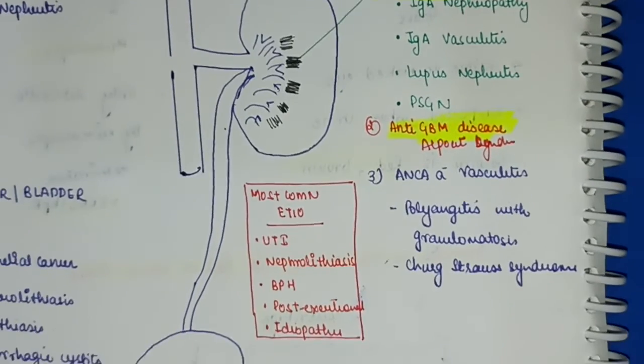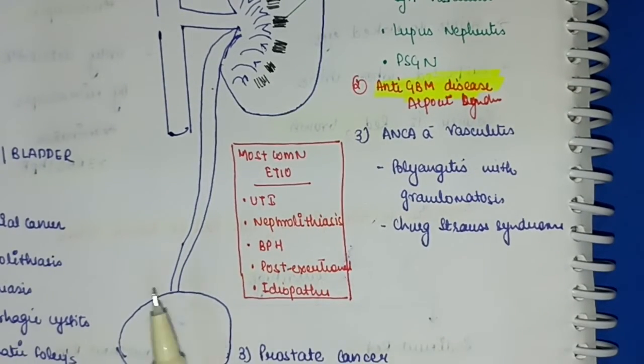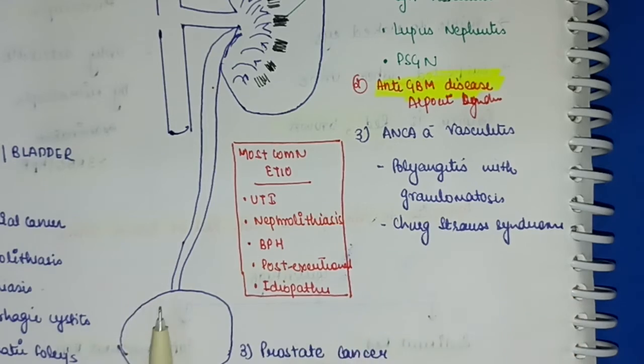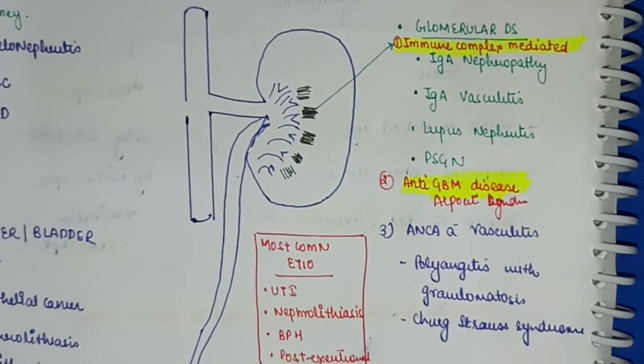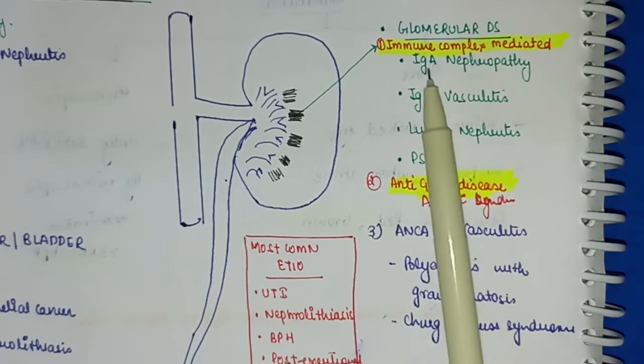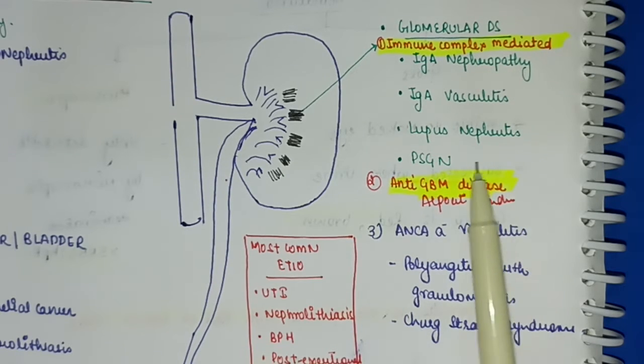Then another is ANCA associated vasculitis. Polyangiitis with granulomatosis can involve the glomerulus and result in hematuria. Churg-Strauss syndrome. So these are the glomerular conditions which result in hematuria. Always divide the causes into glomerular and non-glomerular diseases. In glomerular diseases, it can be immune complex associated, anti-GBM disease or ANCA associated vasculitis.